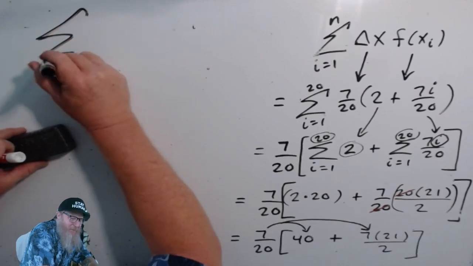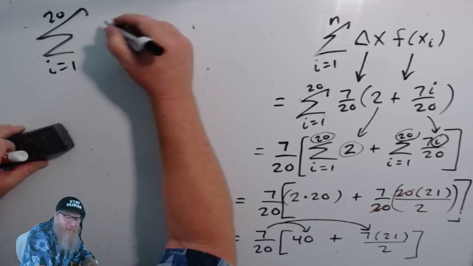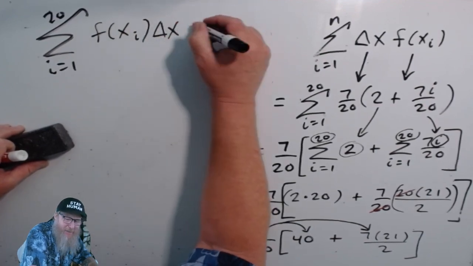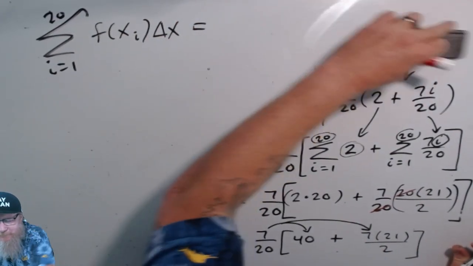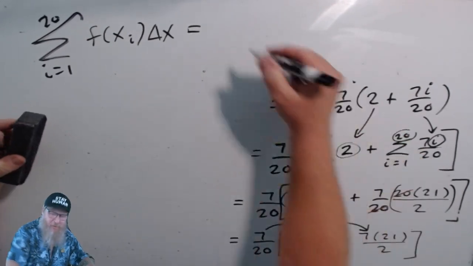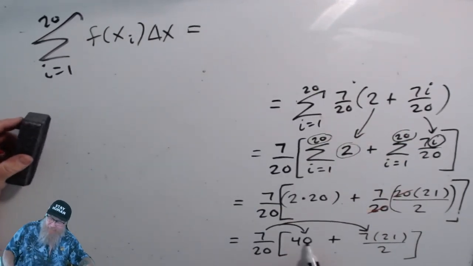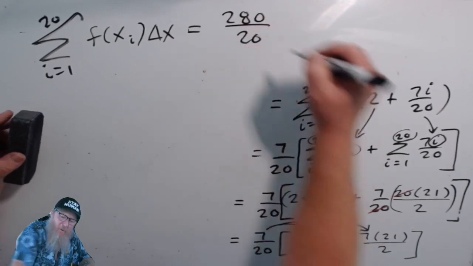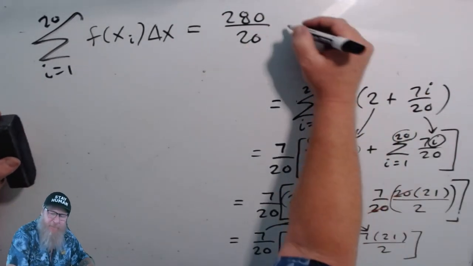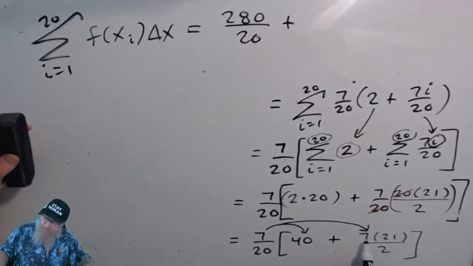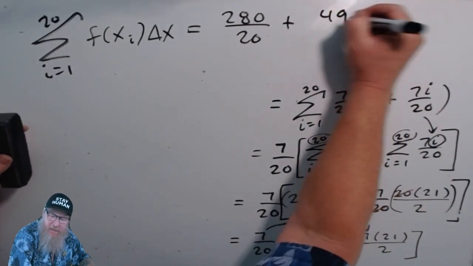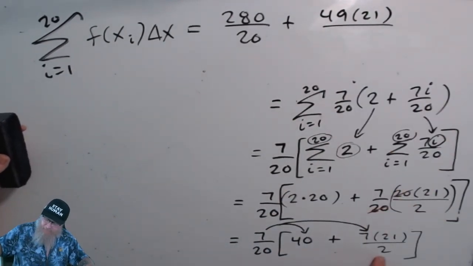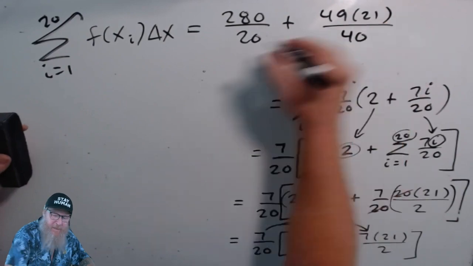So the sum from i equals 1 to 20 of f of xi delta x is equal to 7 times 40, so that's 280 over 20 plus 7 times 7, so that'll be 49 times 21 divided by 40.